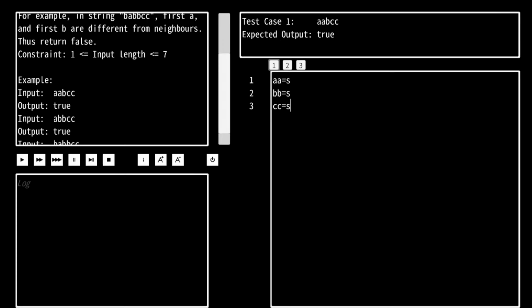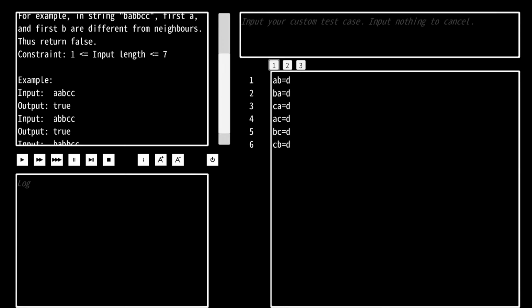And then I go over every combination. AB equals different, BA equals different, CA equals different, AC equals different, BC equals different, CB equals different. Actually, wait, maybe I don't do these, right? Let's just see what happens here.